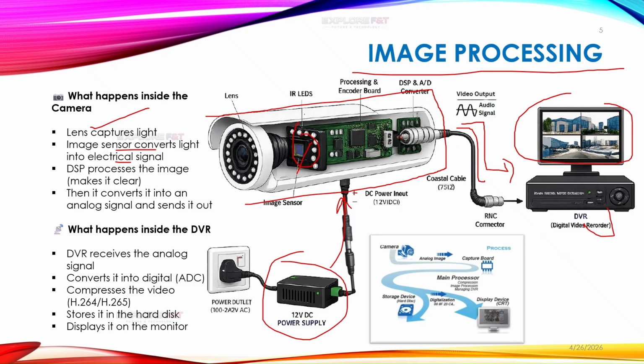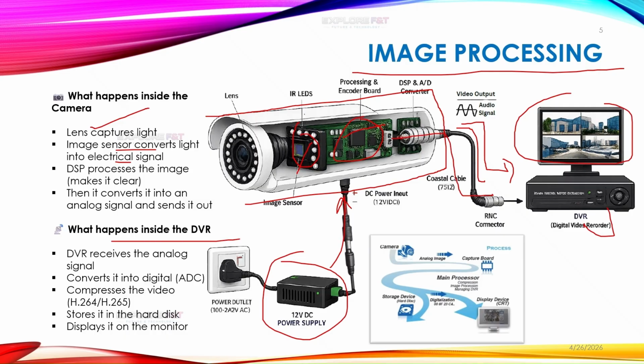Then there is the DSP, which stands for digital signal processing unit. It processes the image and makes it clear, and then it converts it into an analog signal and sends it out to the DVR.